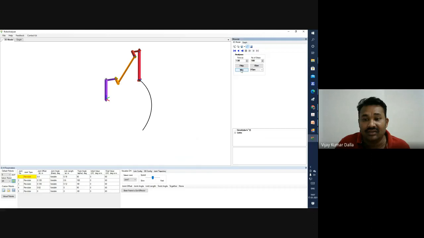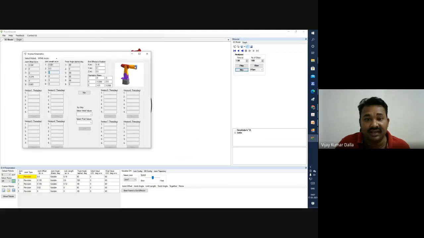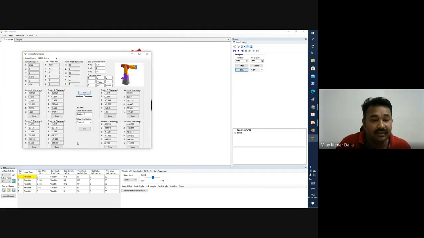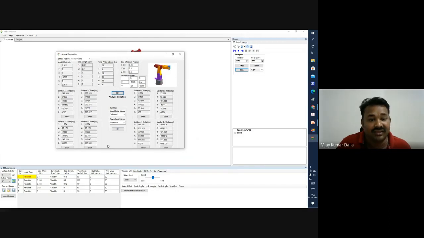And now I'm clicking this inverse kinematics. Okay. So after clicking this, it is getting updated, and the values are now updated here. In inverse kinematics, the end positions will remain the same. For the given end position, there are 8 solutions displayed in this panel.